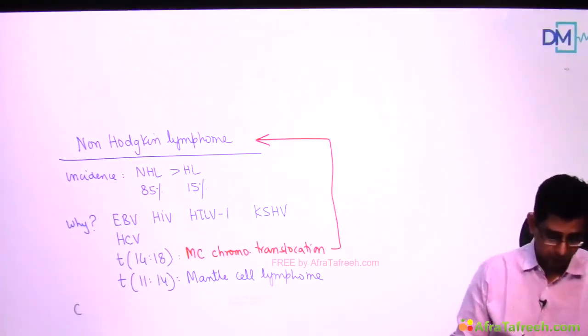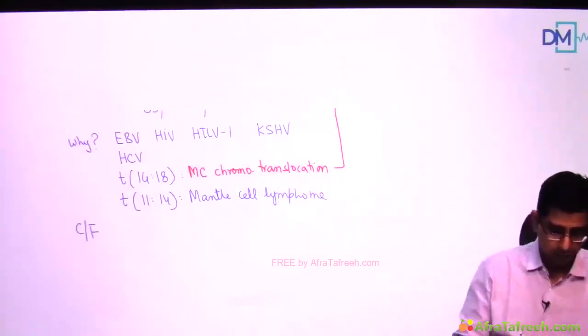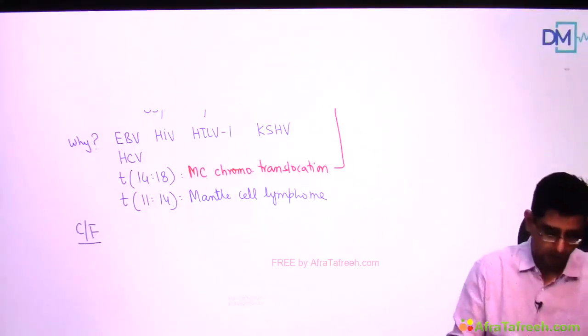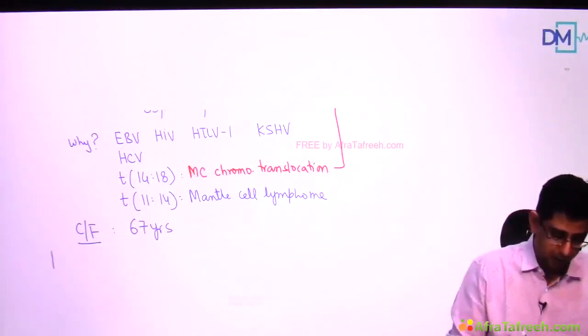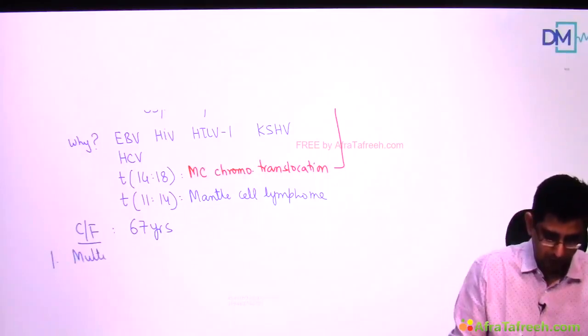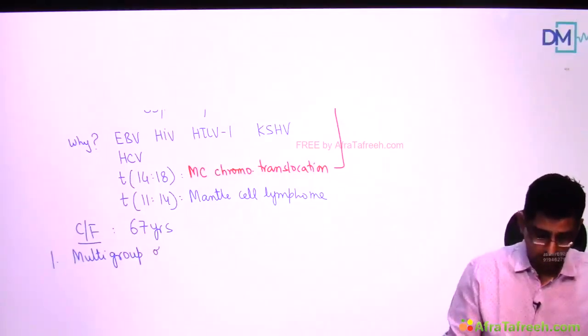Now we look at clinical features in non-Hodgkin's lymphoma. Non-Hodgkin's lymphoma will occur in patients who are again elderly. The median age of presentation is about 67 years, and these patients will be presenting with simultaneous involvement of multiple groups of lymph nodes. Because non-Hodgkin's lymphoma has hematogenous spread, multiple groups of lymph nodes can be enlarged simultaneously.